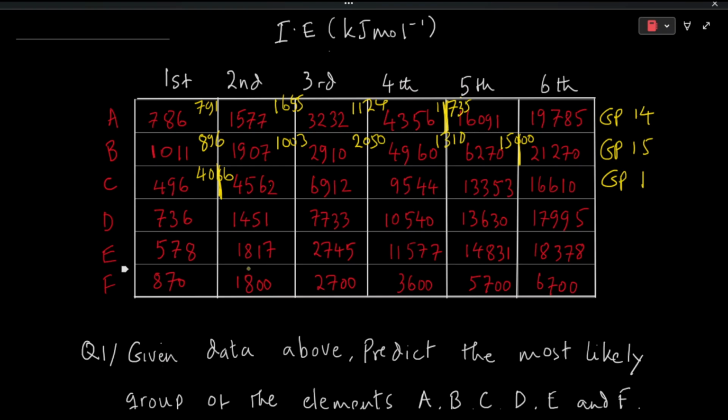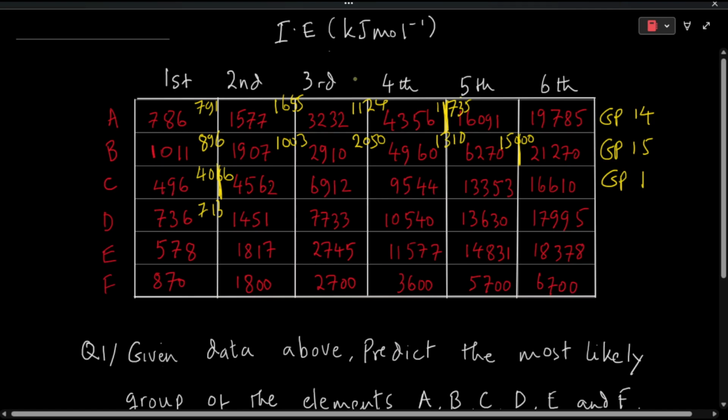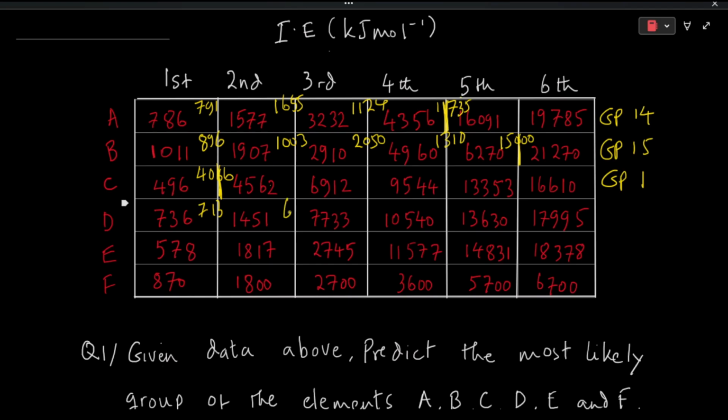Now for element D, the difference between the second and the first is 713. The difference between the third ionization energy and the second ionization energy is 6,282.